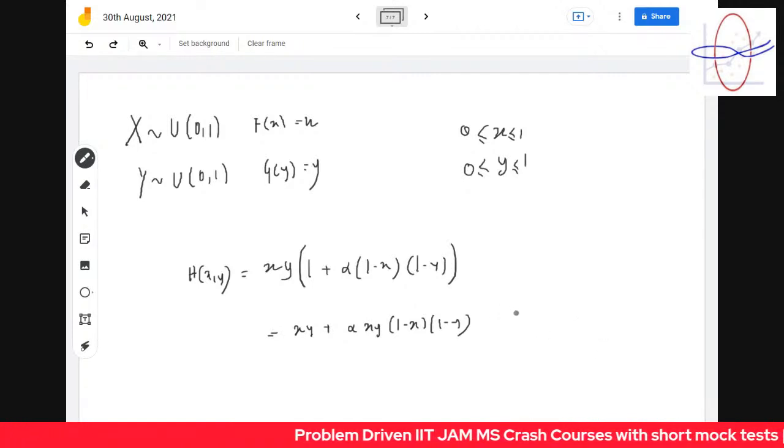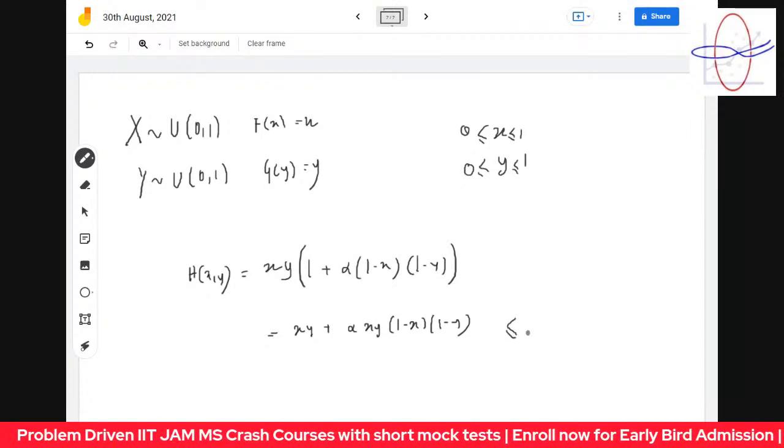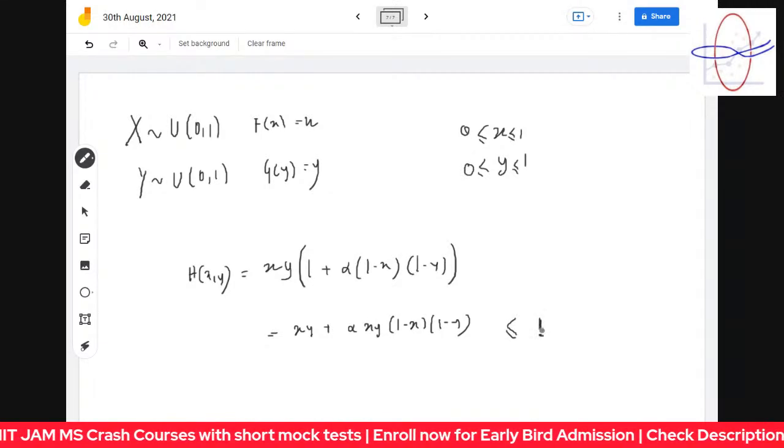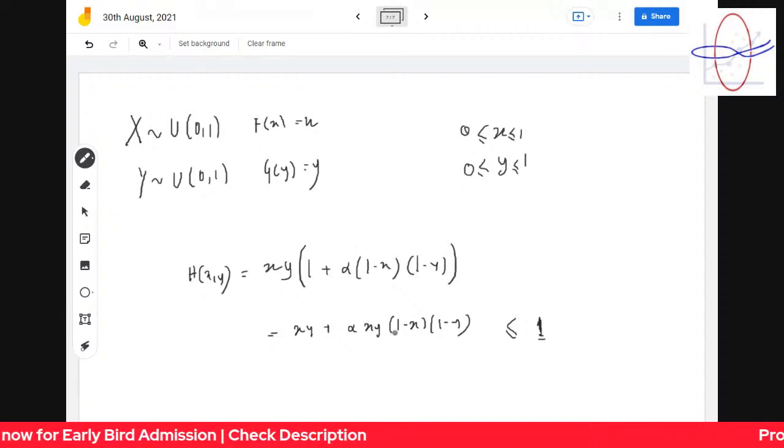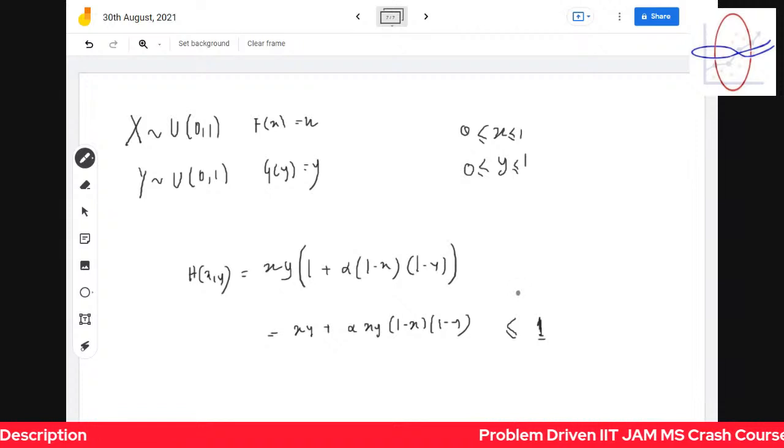So xy is less than or equal to 1, and x times 1 minus x.